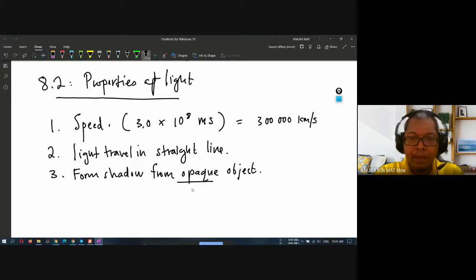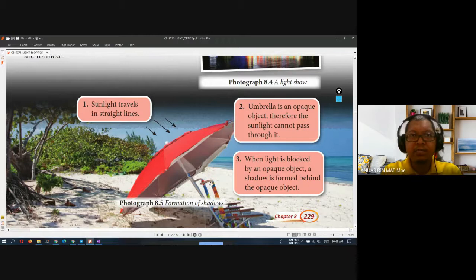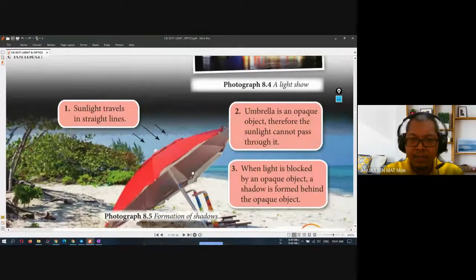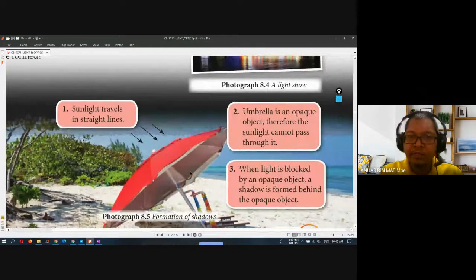So what is opaque over here? What is the meaning of opaque? Can you see my presentation over here? You tell me if you cannot see. This is the formation of shadow, class. What does opaque mean? There are two terms you need to understand here.